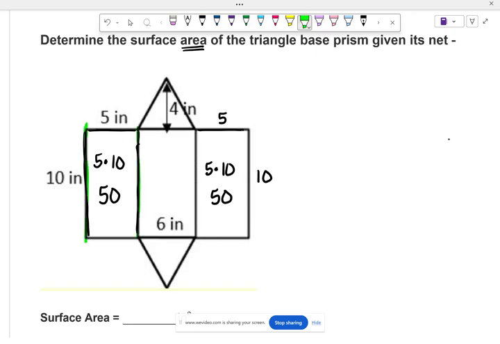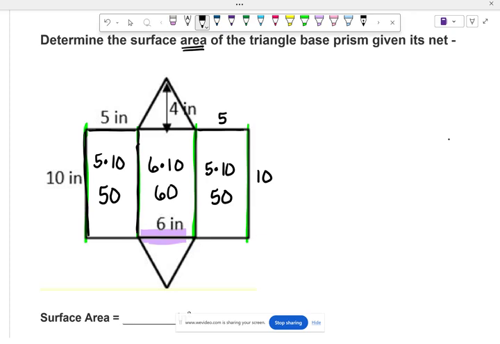All of these heights would be 10. The width down here at the bottom is 6. So this rectangle would have dimensions 10 times 6, or 6 times 10. This rectangle would have an area of 60.